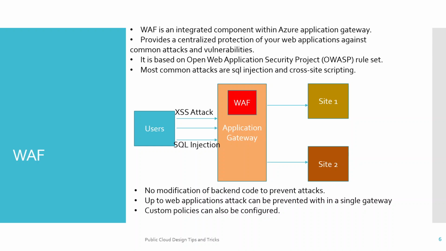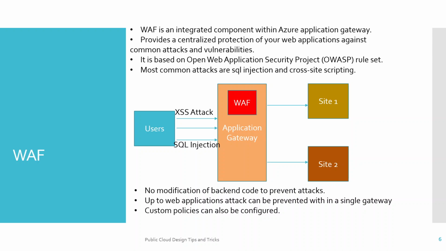So WAF comes within Application Gateway as an inbuilt component, and what it does is provide a centralized protection capability for your web application against common attacks or vulnerabilities. That is where WAF comes into the picture. WAF is based on the Open Web Application Security Project, OWASP, rule set.